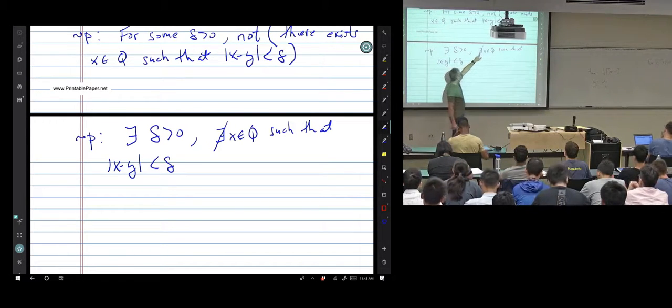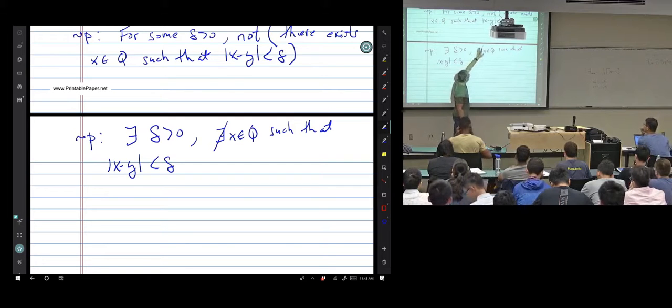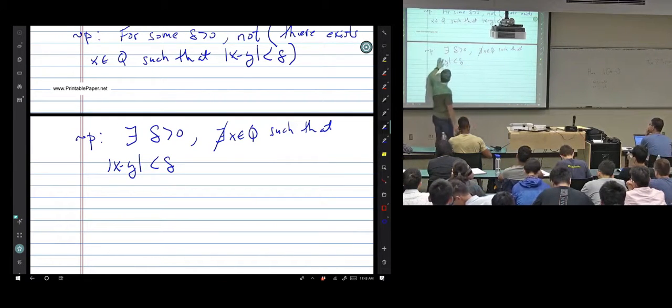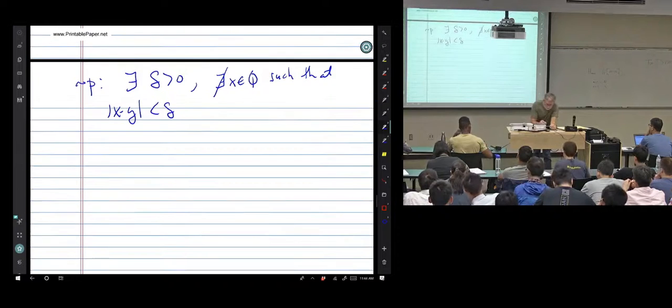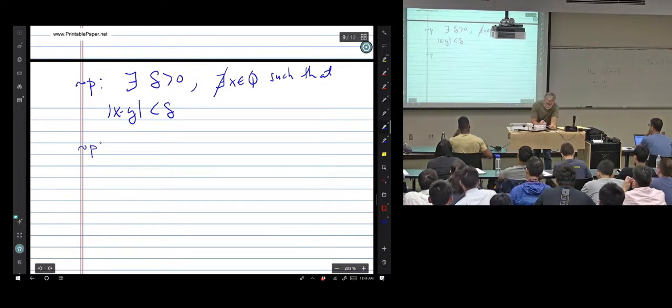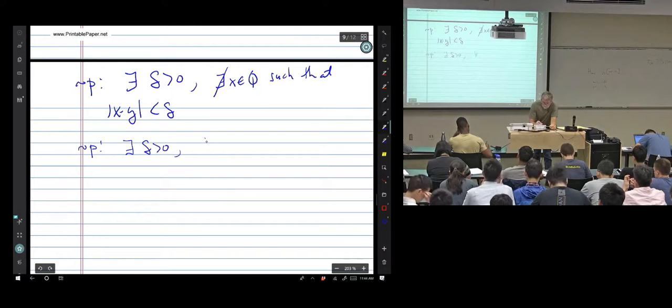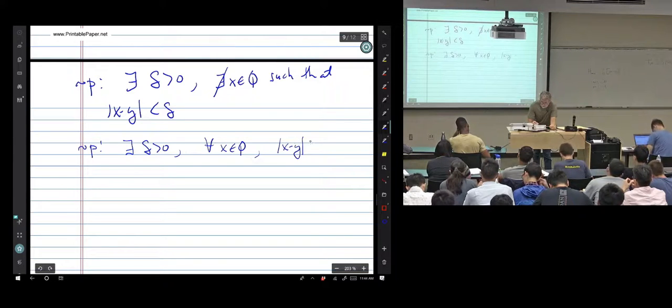And then the not exist, if there is no X such that this is true, that means for every X in here, this is false. And that's the better way to write it. There exists delta greater than 0 such that for every X in Q, absolute value of X minus Y is bigger than or equal to delta.